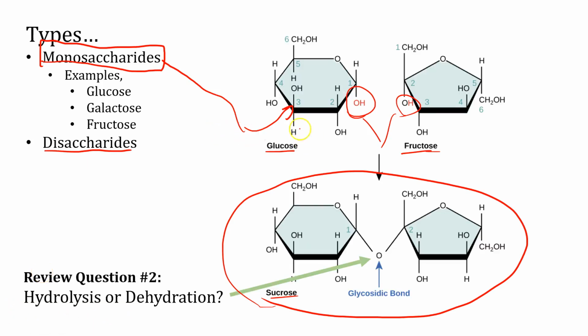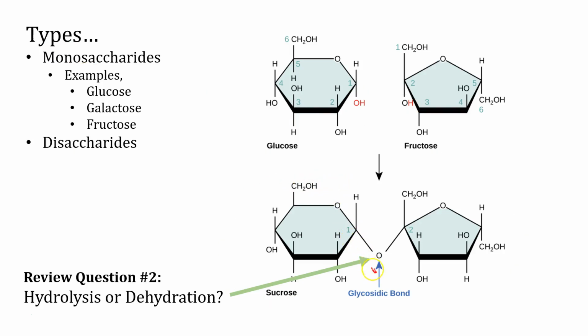A quick question here for you. Do you think that the formation of this bond, which is called a glycosidic bond, that's the bond that attaches 2 monosaccharides together, do you think the formation of that bond was made through hydrolysis or dehydration synthesis? See if you can think about that for a second. The answer there is that it's going to be made by dehydration synthesis.